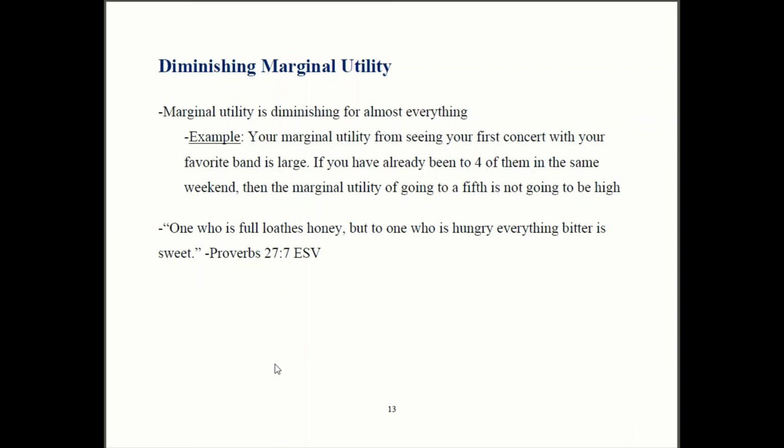So this idea of diminishing marginal utility has some very ancient roots. Way back in the book of Proverbs, it says, "One who is full loathes honey, but to one who is hungry, everything bitter is sweet." So if you've already eaten a lot of honey, then the marginal utility of having even more honey is not that big.